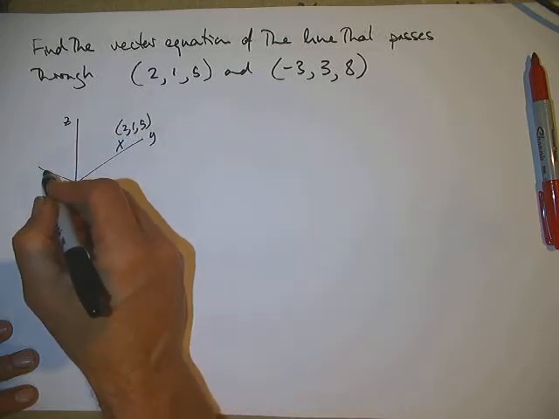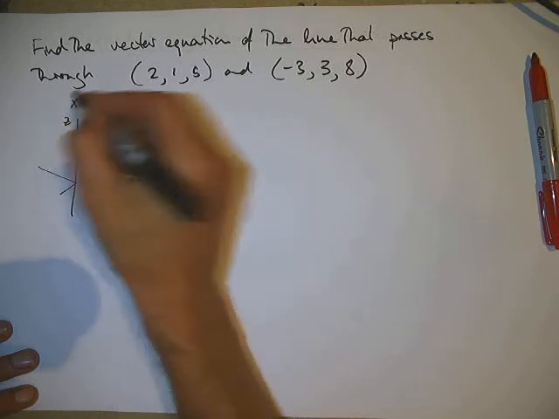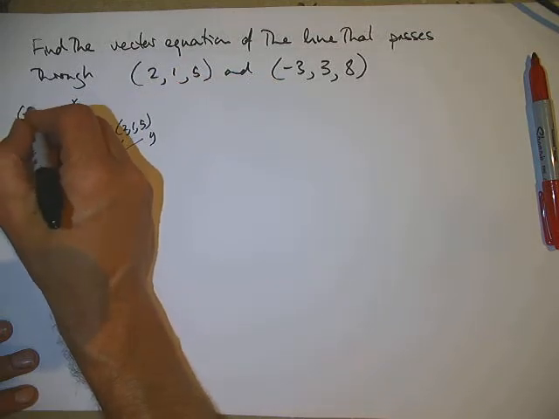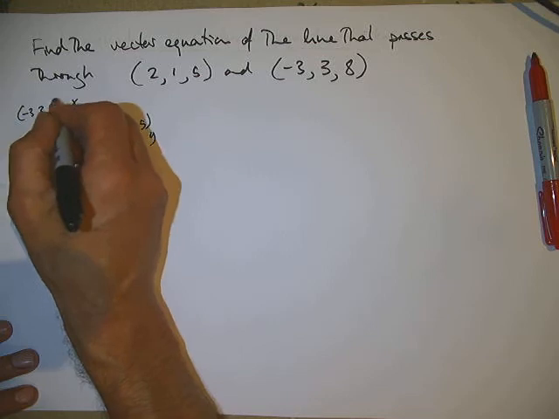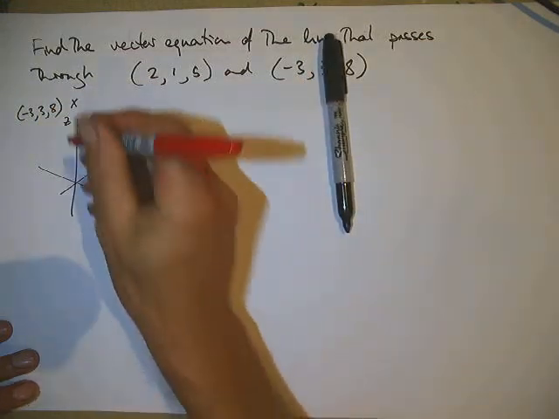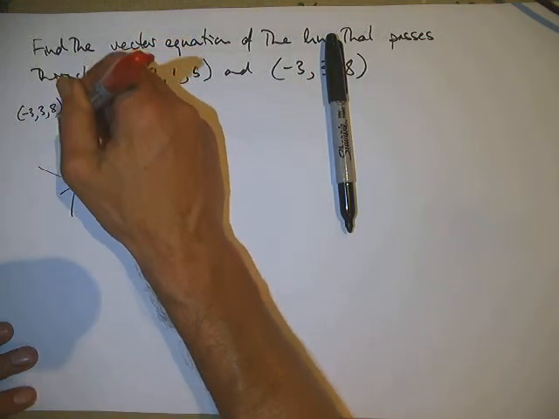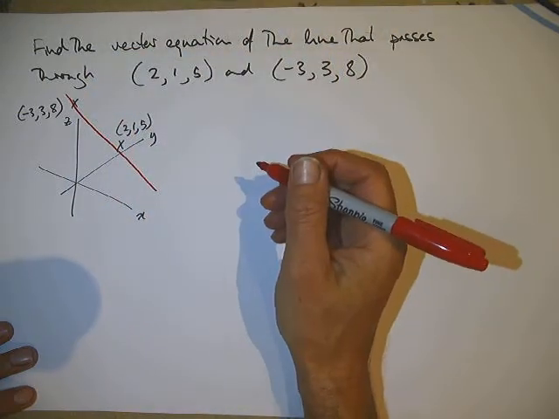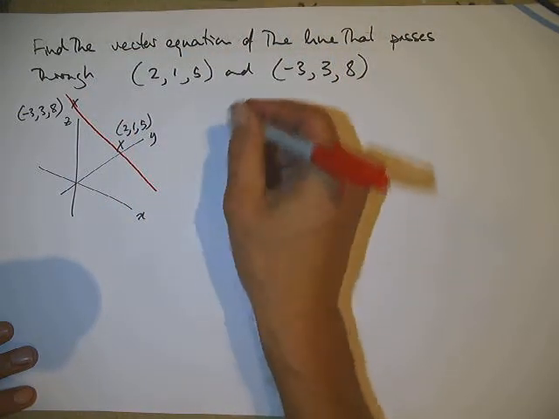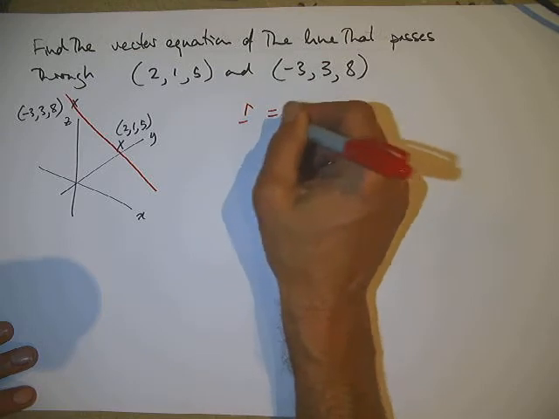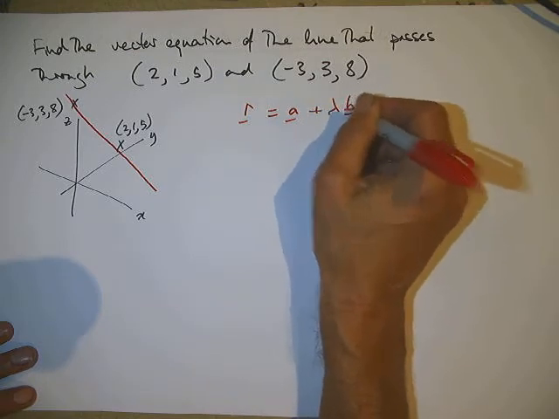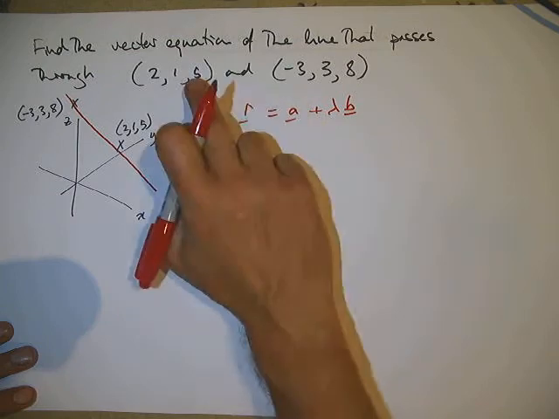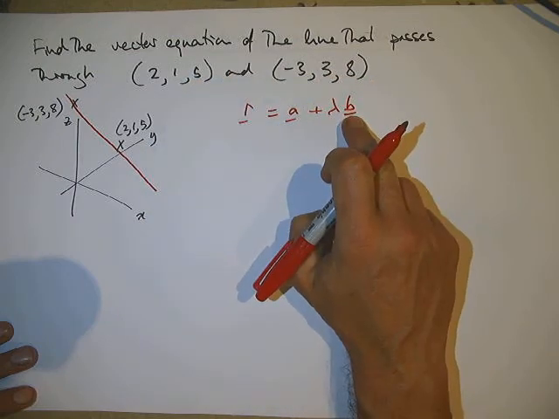Well then, can you already see a limitation of these diagrams? That doesn't really help at all, does it? But that doesn't matter. We want the vector equation of that line. So all we do is we need a point on the line, which could be either, and the direction of the line.